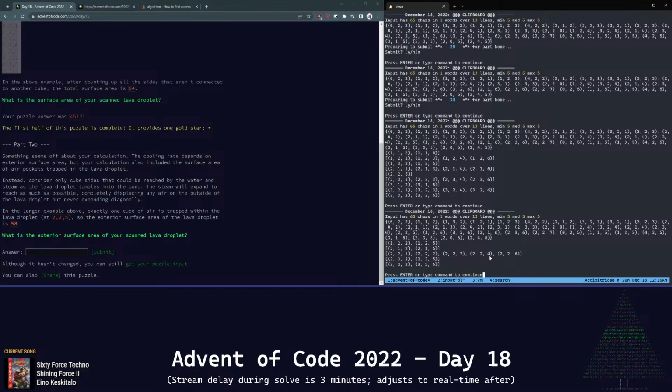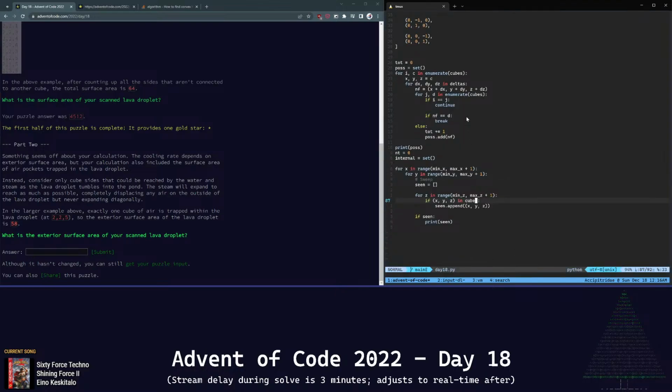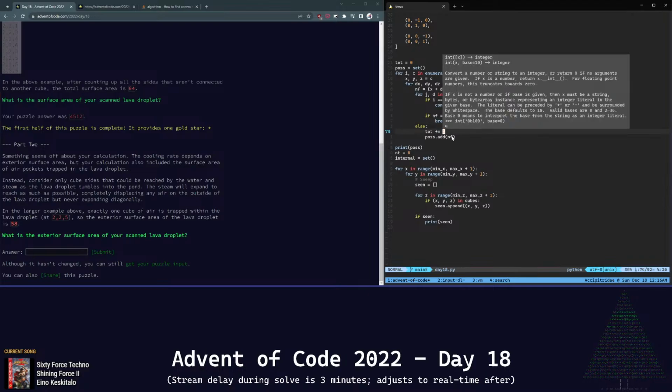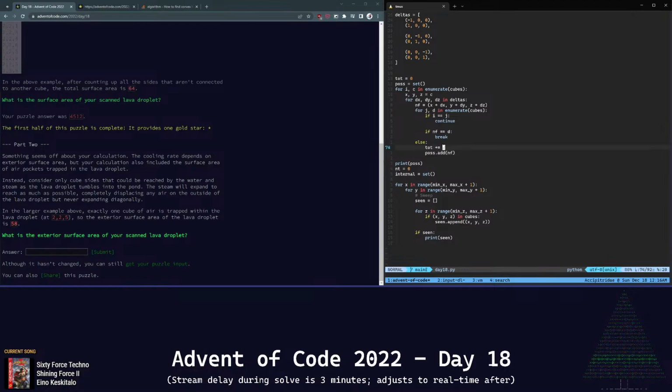Yeah, we do a similar thing where you can check. I see. If we check that location and the face that it would be touching has neighbors on all sides, we don't add it in. We don't append it, right? Okay. I think it's just that, actually.